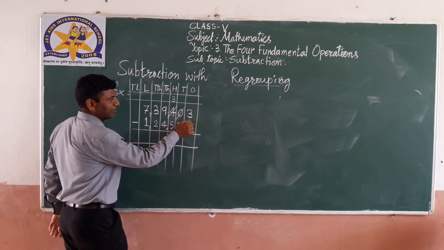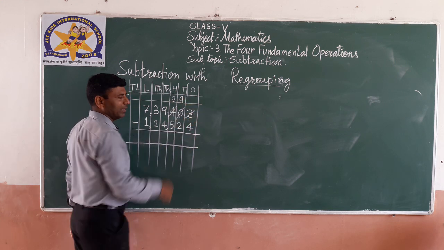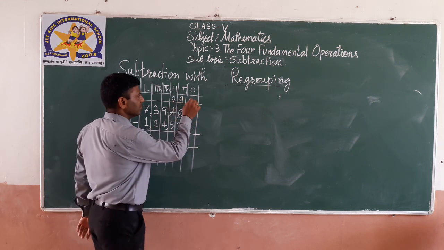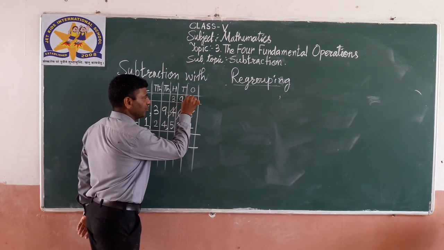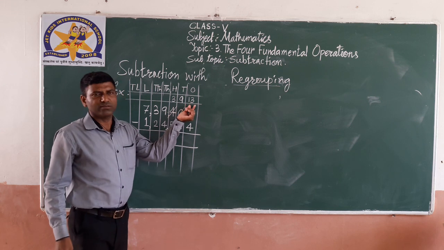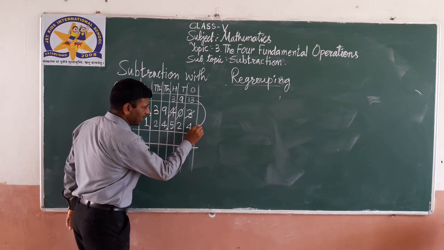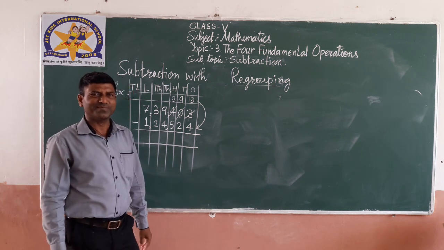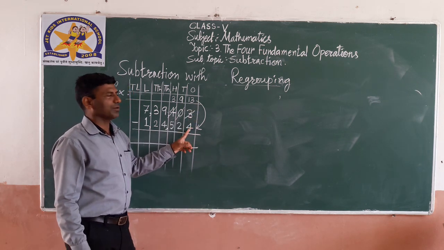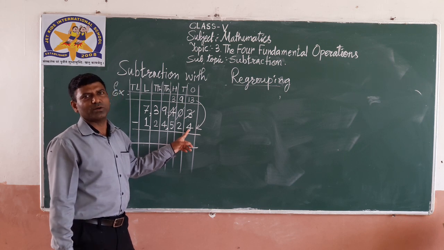So he wants to give him, borrow him. So here 9, 3 becomes, he gave only 1 to this, so 3, 1, 3. This is 13. So it is possible now. 13 minus 4, possible? Yes. 13 minus 4, 9.